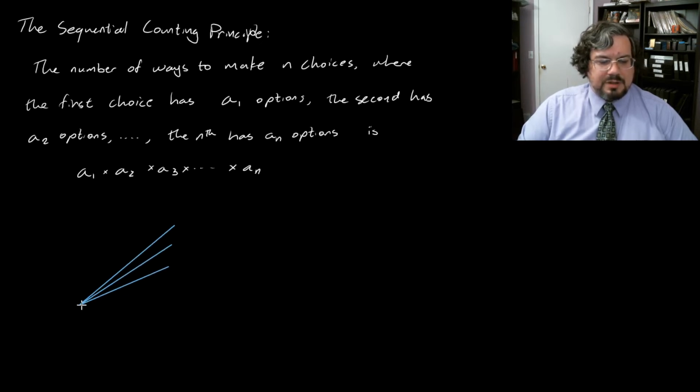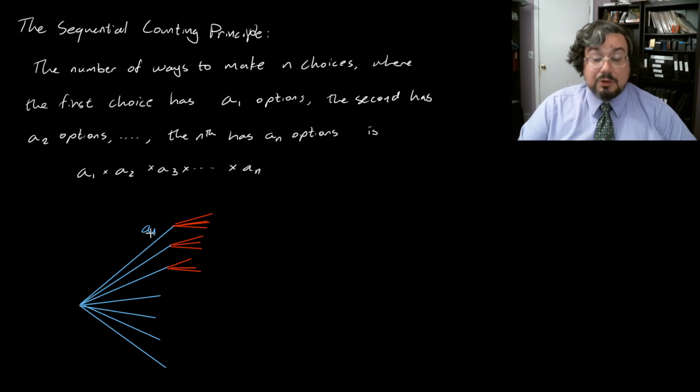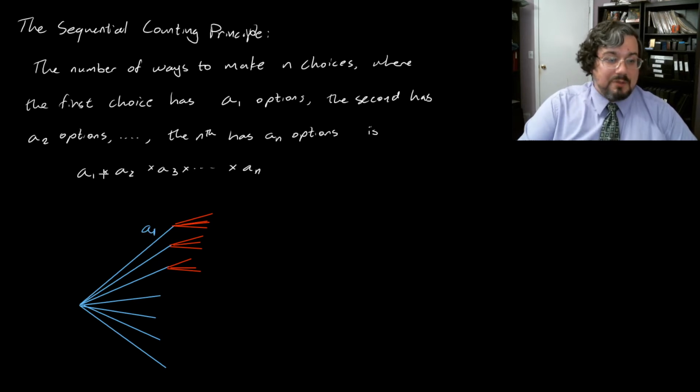We've got this tree that we can make where we've got a bunch of different options for our first choice, where we have A1 options for our first choice, and then we've got some number of options for our second choice. And importantly, each one of these options in the first choice leads to the same number of options in the second choice.